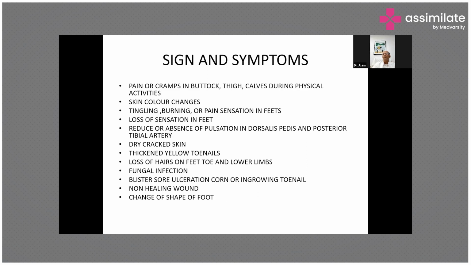Reduced or absent pulsation in the dorsalis pedis and posterior tibial artery. So at every follow-up, when we examine the patient, we have to check these two arteries, just comparing whether the blood flow is good or not.